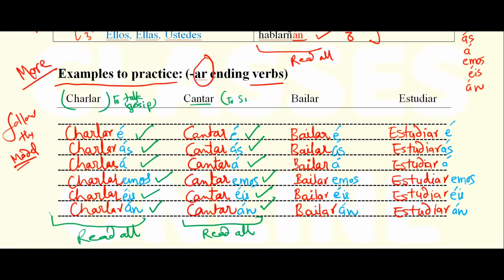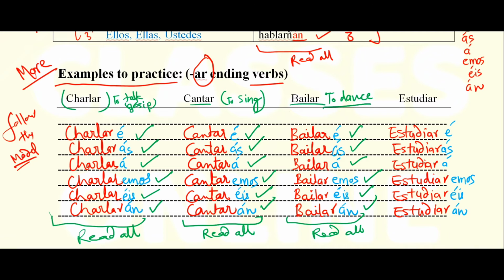Third verb, let's read the conjugation. Bailar means to dance. Bailaré, bailarás, bailará, bailaremos, bailaréis, bailarán.